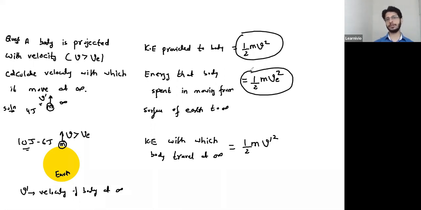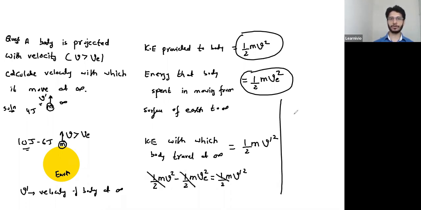So half mv square is the total energy that you provided to the body. I used half m v_e square to escape the gravitational pull of Earth, and this half m v prime square is the energy which is left. So half m gets cancelled out, and I'm left with v square minus v_e square is v prime square.